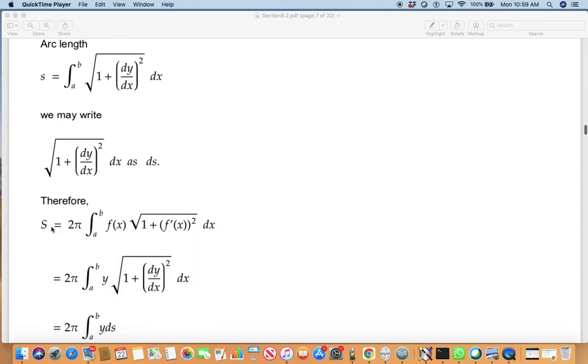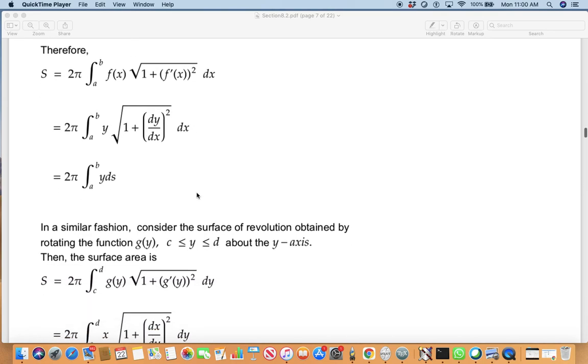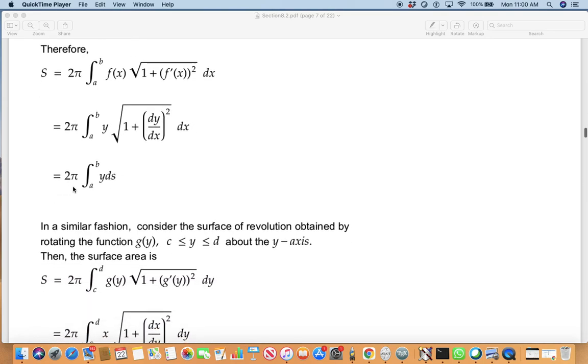So surface area is 2 pi integral from a to b of f(x) square root of 1 plus f prime of x squared dx, which is the same as 2 pi integral from a to b of y square root of 1 plus (dy/dx) squared dx, which can also be written as 2 pi integral from a to b of y ds.